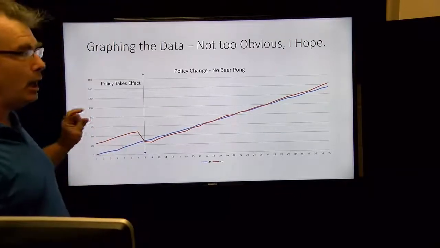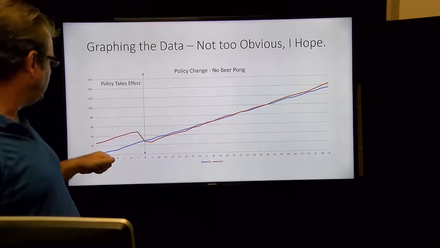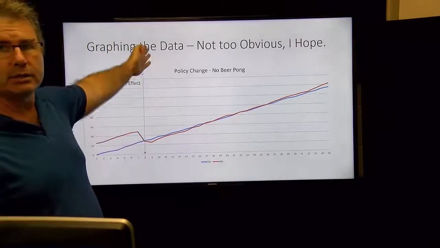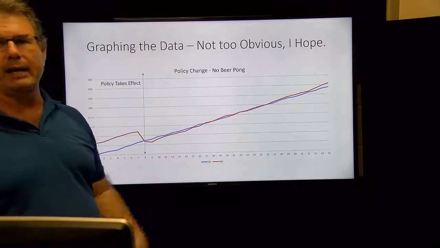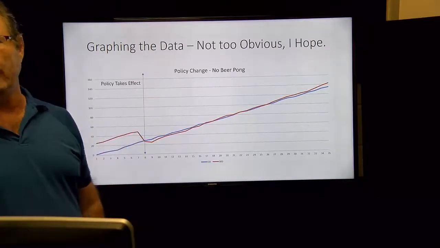I should say a larger growth in cases in West Dakota than in East Dakota. The vertical line here represents the point at which we enact the new policy of no beer pong in groups larger than one.